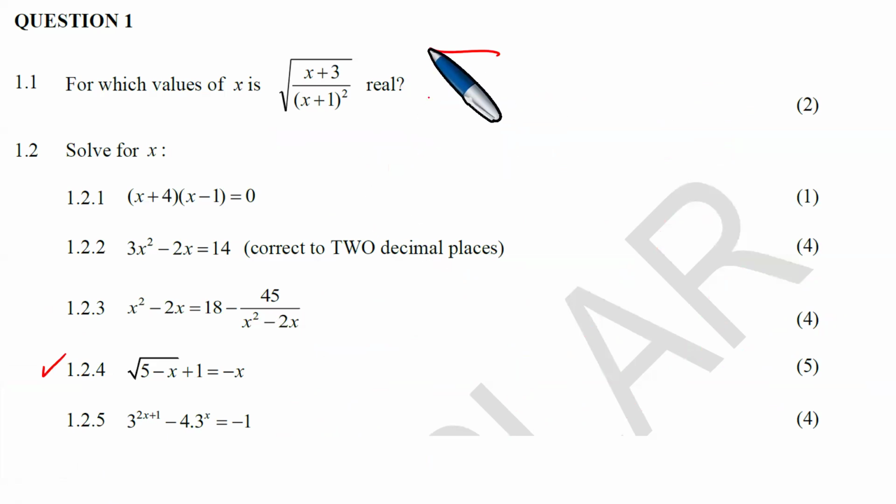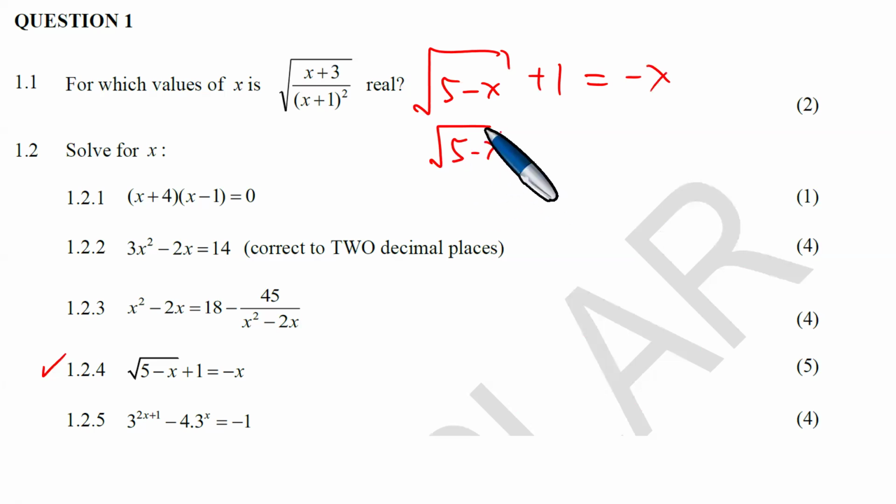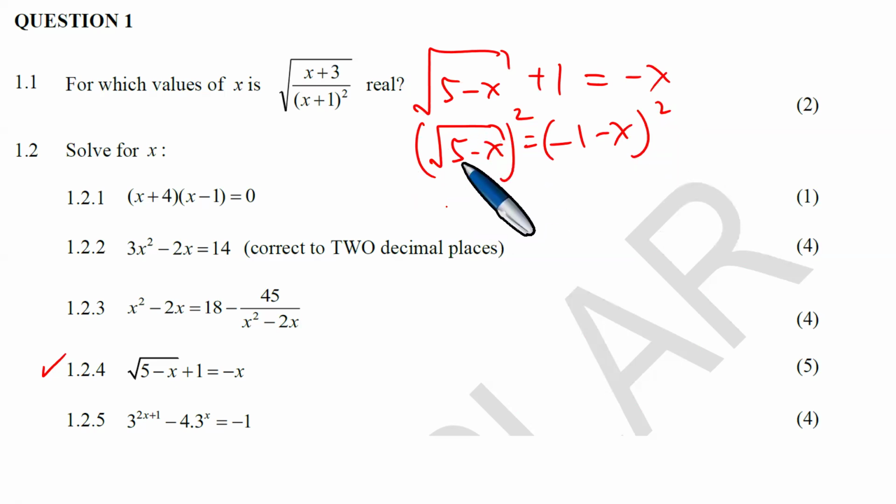We want to solve this one with a big radical. Therefore, we have 5 minus x, which is minus 1 minus x. You square both left and right. Squaring both sides removes the square root sign, leaving us with 5 minus x.